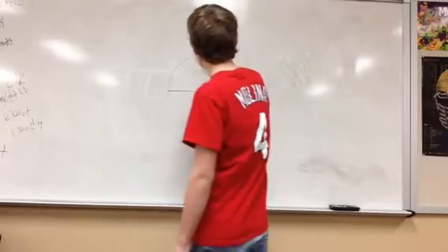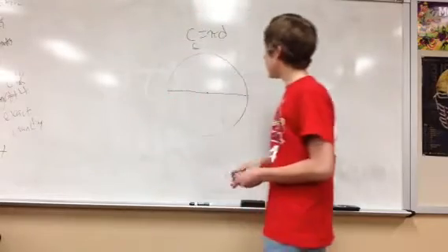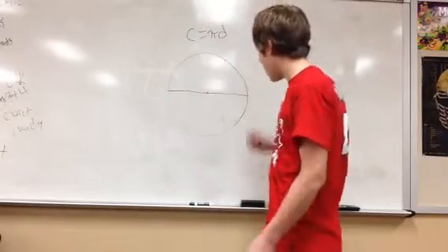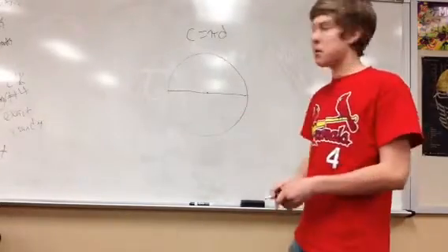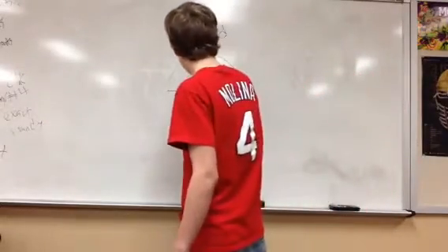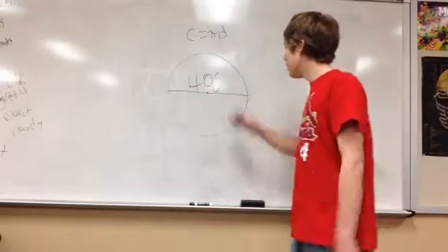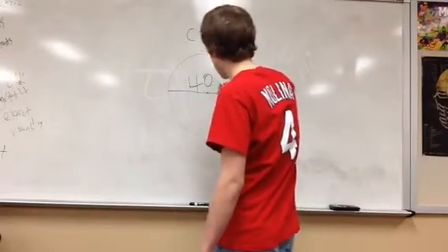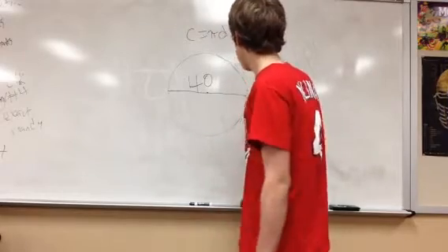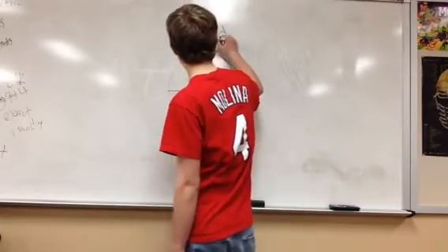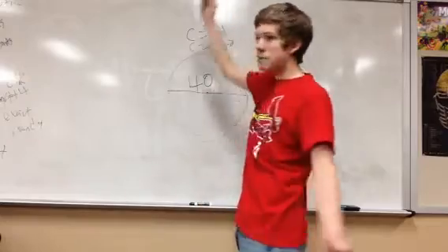Now, C already has a measurement for the diameter. It's 400. So, no, it's just 40. I put too many zeros on it because I like zeros. But 40. C equals pi 40. You're done, Johnny.